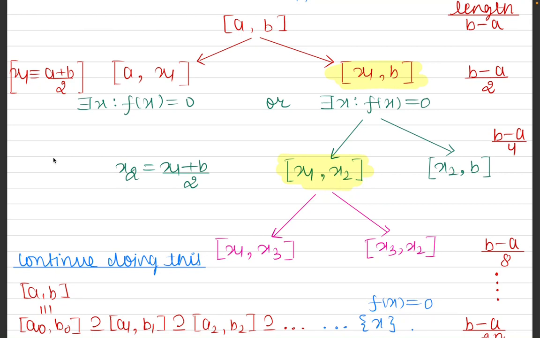And second, if the second thing happens, if f of b times f of x1 is non-positive, then f(x) equal to 0 has a solution in [x1, b].